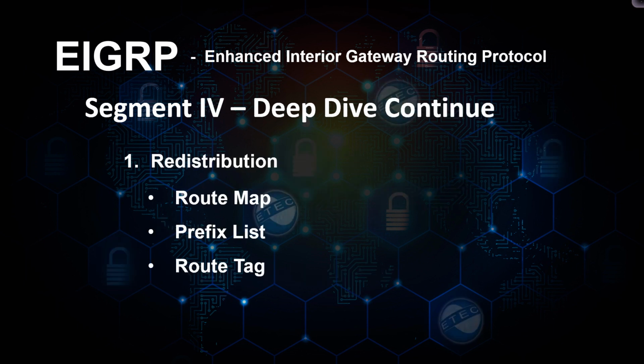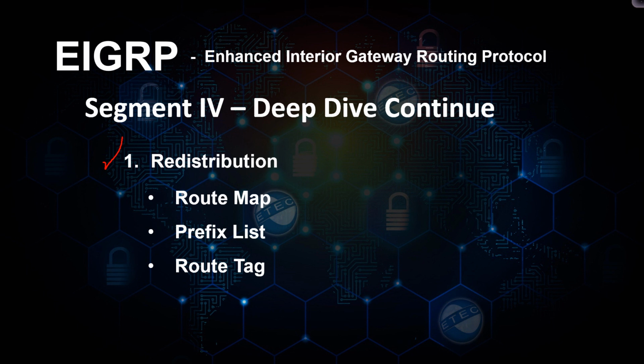And the deep dive continues in segment 4. When companies merge or form a partnership, or just move straight to cloud computing with Amazon AWS or Microsoft Azure, the routing protocols between these companies will likely not be the same, and this is where redistribution comes into play.